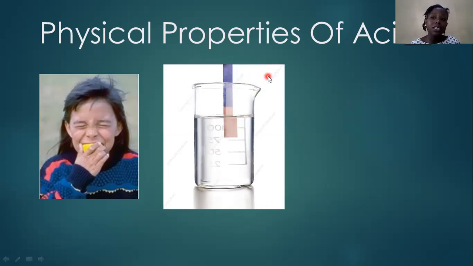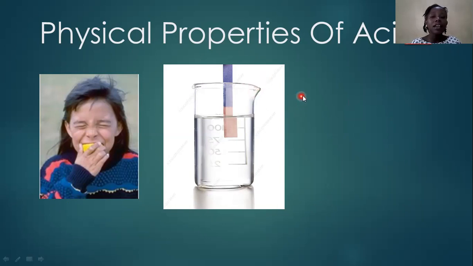You don't know what it is. Probably there was a mistake, it was not labeled. And you dip a blue litmus paper inside that solution. Once the solution turns that litmus paper, which is blue, to red, we know that that is an acid. So an acid turns blue litmus to red.